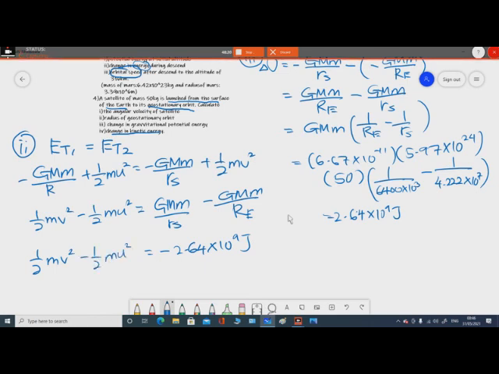So why is there a negative for the change in kinetic energy? Let's say I draw a rocket.